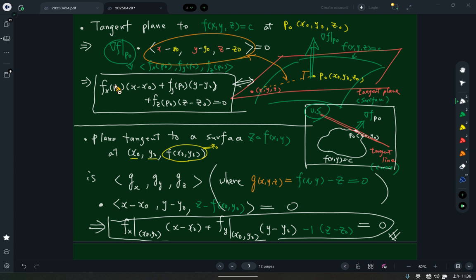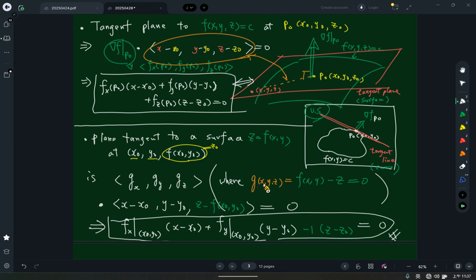So here, g is the same as this one. If we have the same situation, we just follow this one, and we can get partial g, partial x, partial g, partial y, partial g, partial z. So that is equivalent to partial f. I use my mouse.